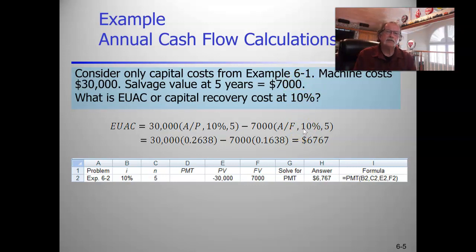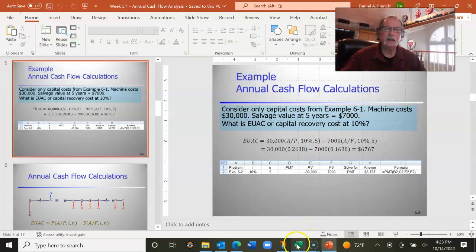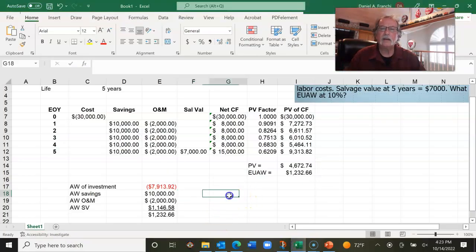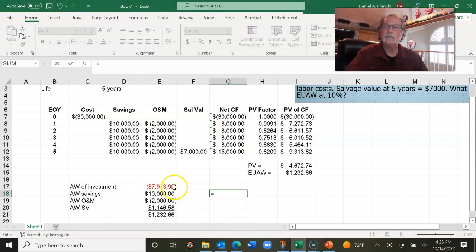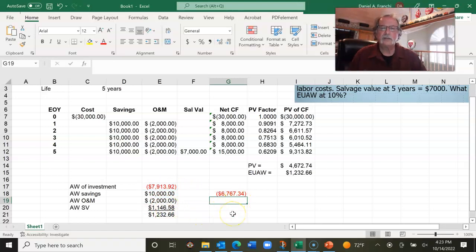And so what we want to do is find out if the annual savings is going to be sufficient to recover this. So this is simply annualizing the upfront investment less the salvage value. If you look at this, there's the value right there.